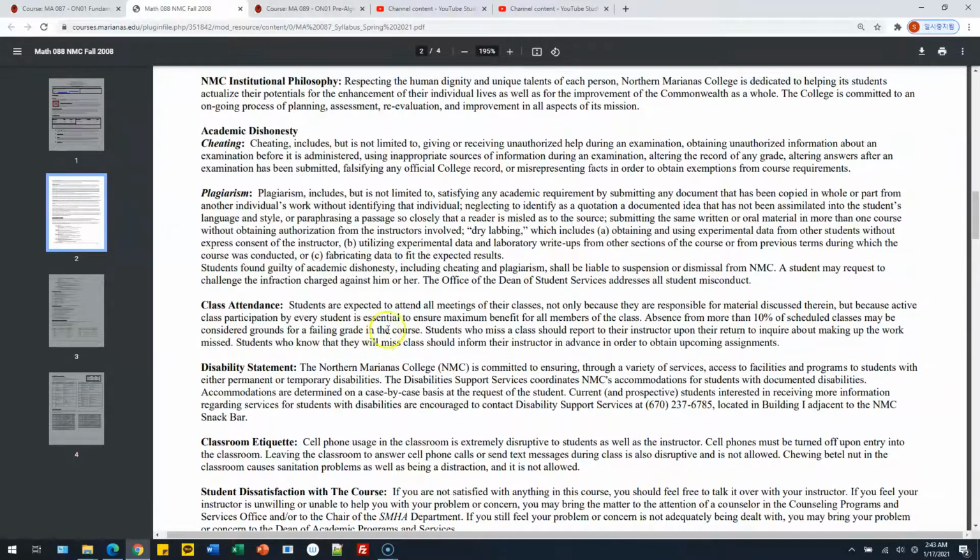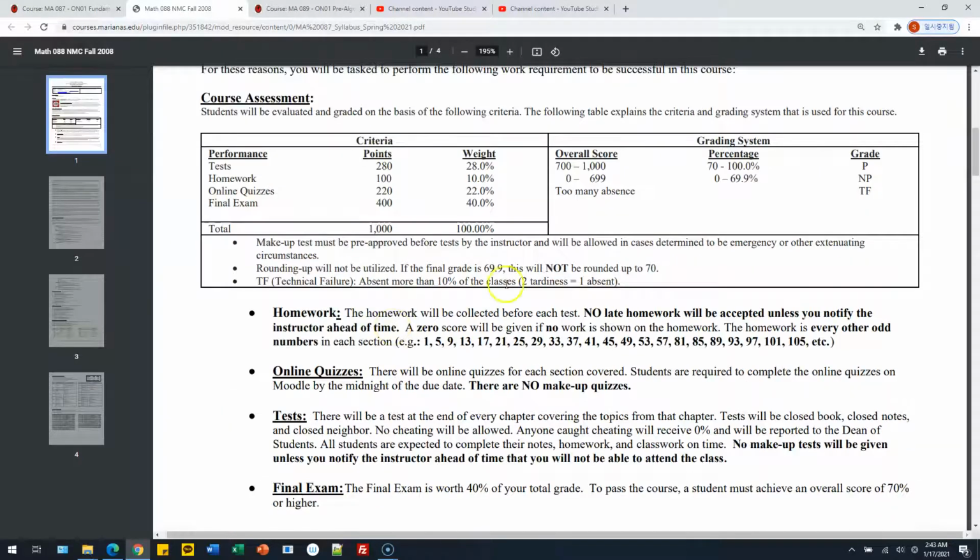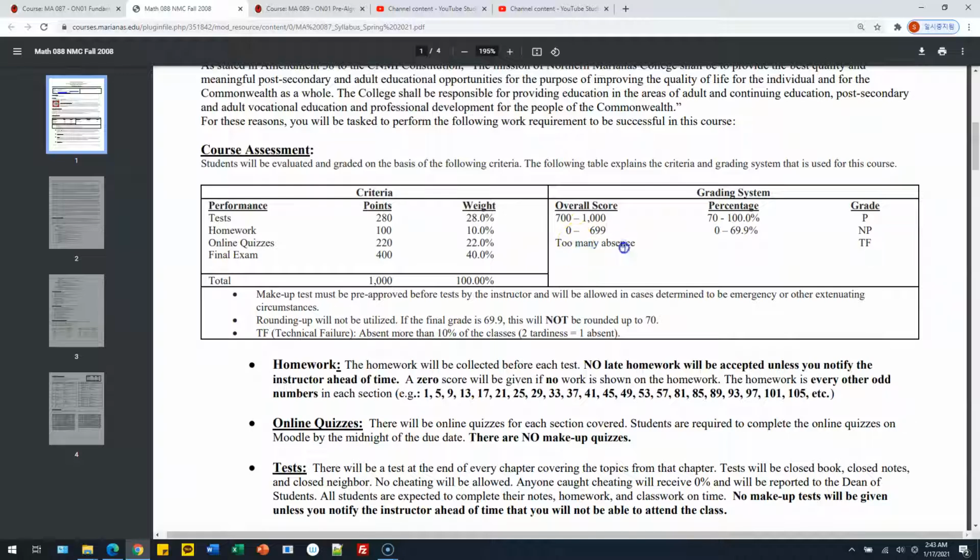If there are too many absences, meaning the number of absences is more than 15% of the class time, then you will get a technical fail. This is an online course, but if this were a face-to-face course, then we would count the absences. Two tardies are equivalent to 1 absence.